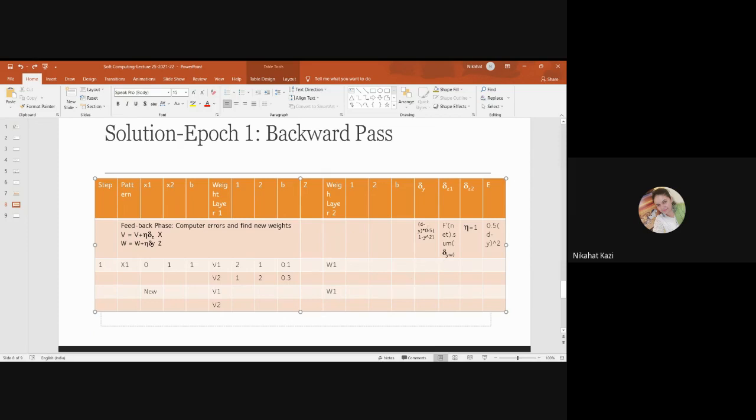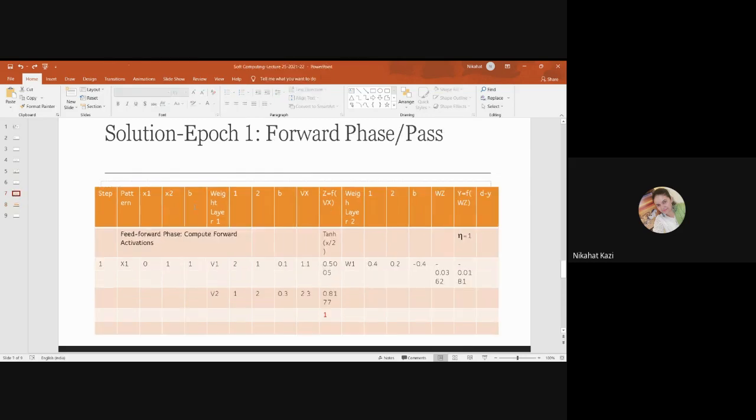So tell me, apply this formula: d minus y into half times 1 minus y square. I will write the weights for this also.